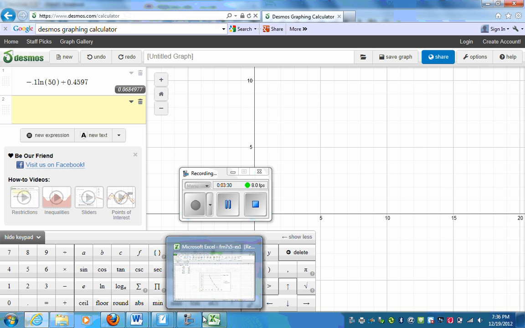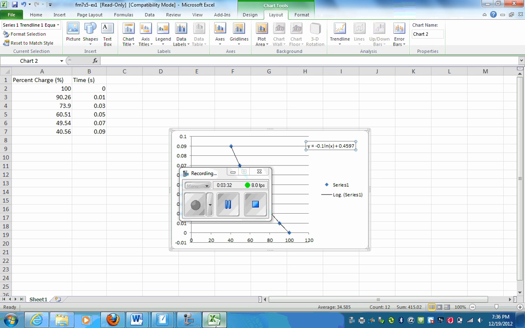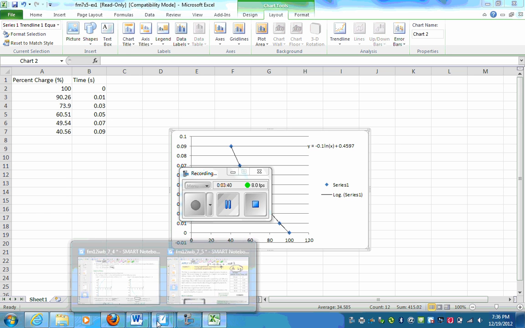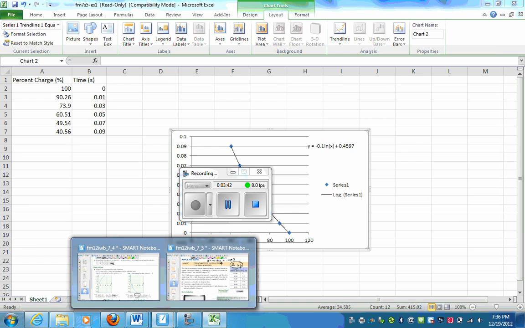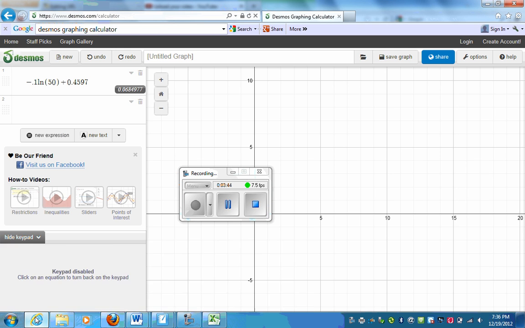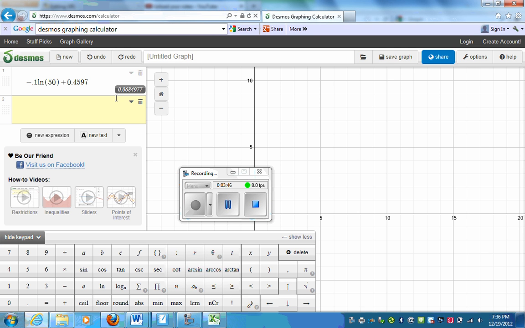I think I did something wrong. Right. Negative 0.1, because I want to know at 50. Yeah, no, I did it right. I'm second guessing myself. Okay, where's my equation? Right here. So you can see that the answer is 0.068 or 0.07. Okay, so it takes 0.07 seconds to get 50%.